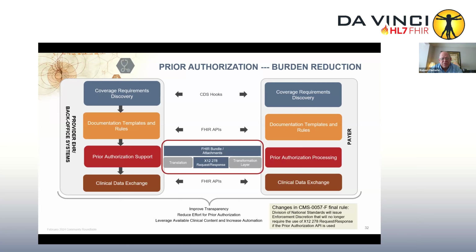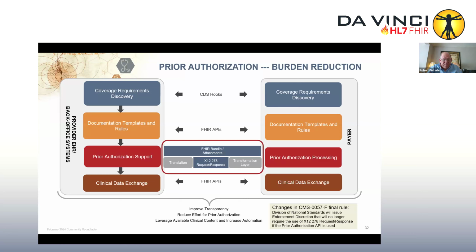And so they can return a link to a particular questionnaire, think of it as an electronic form, that can be pre-populated with information from the electronic record. That information then can be reviewed by the provider. Additional information that's not in the record can be added, and it can ultimately be the basis for submitting documentation to support the prior authorization.